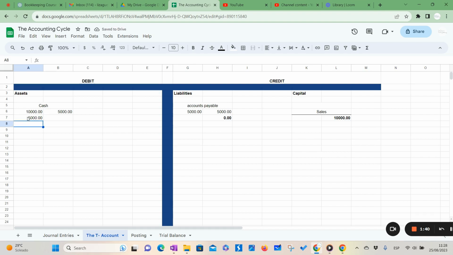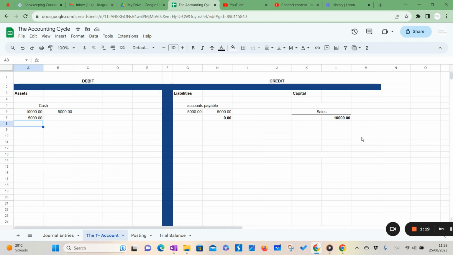So in essence, the general ledger facilitates the posting of all the transactions to a particular account. So we'll be grouping all the accounts that affect cash, all the asset accounts, all the liability accounts, and capital account.